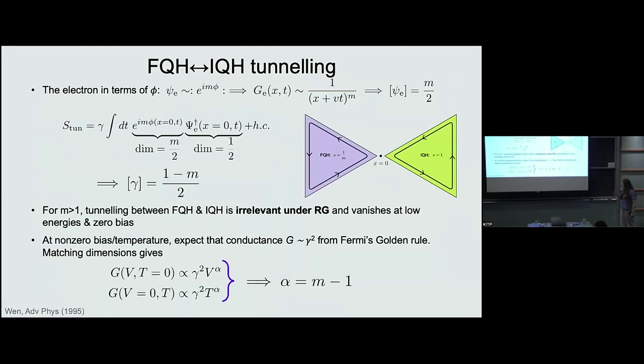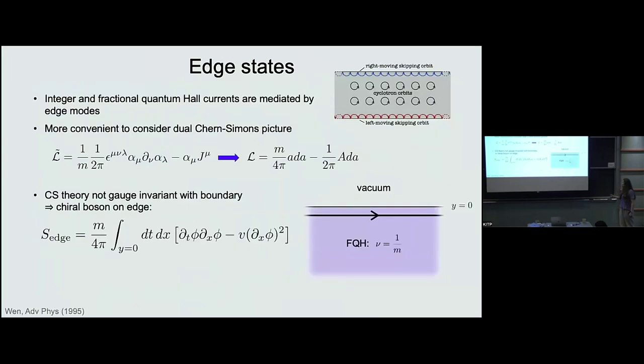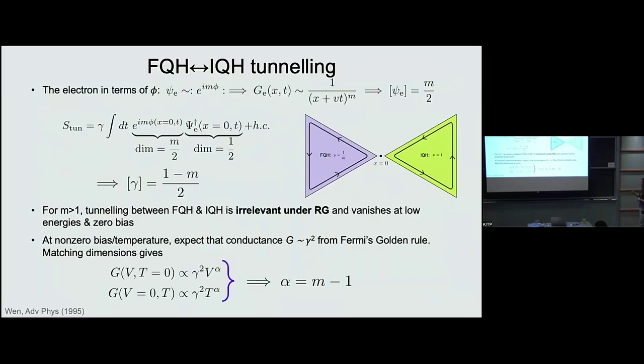All right, so at this point, having described flux attachment and the edge theory, I now want to move on to talking about the tunneling, and how you can describe what the point contact tunneling would be between a fractional quantum Hall and an integer quantum Hall, just based on dimensional analysis.